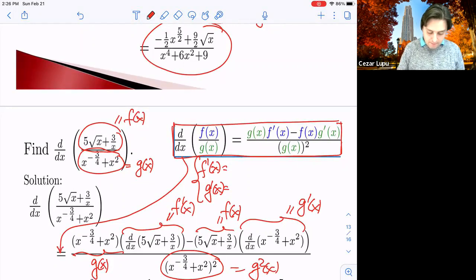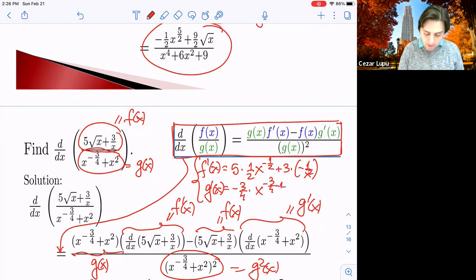5 times x to the 1/2. So this is 1/2 times x to the 1/2 minus 1, which is negative 1/2, plus 3 times negative 1 over x squared. And g prime is negative 3/4 times x to the power negative 3/4 minus 1, plus 2x. Anyway, we can do some computations here.